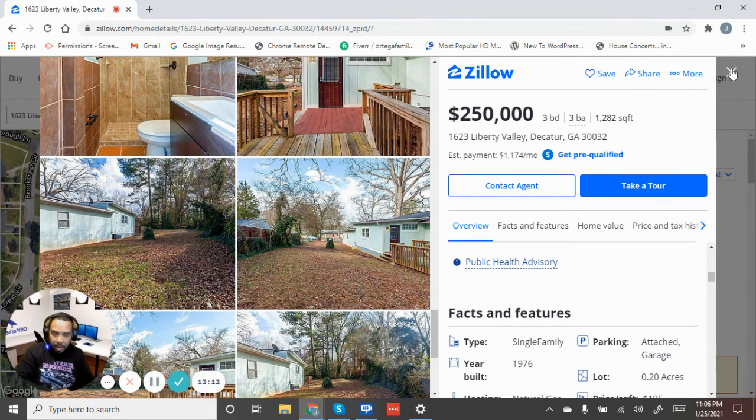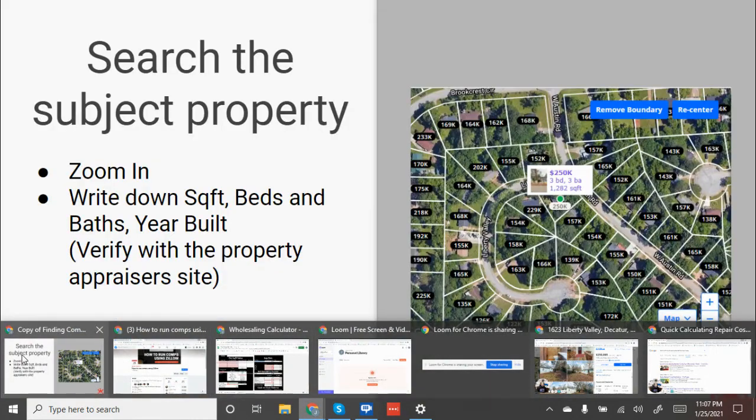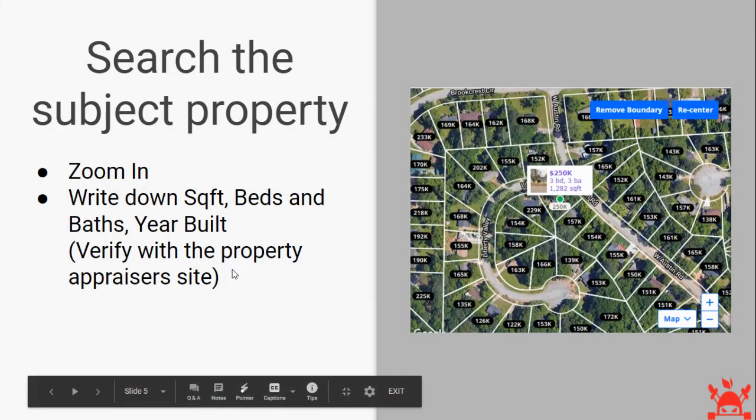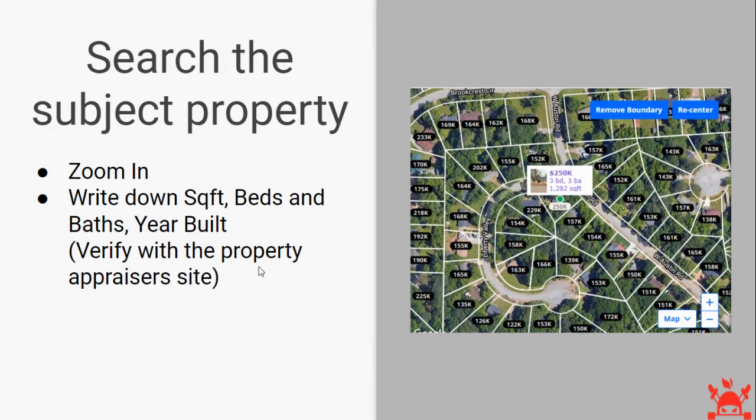This is probably something that you already know from talking to the seller or whatnot. But those are things that we're going to take notice of when we start this process. And we're going to verify that information with the property appraiser side if need be, if it doesn't sound accurate, or if some properties may not have square footage, or beds and baths.